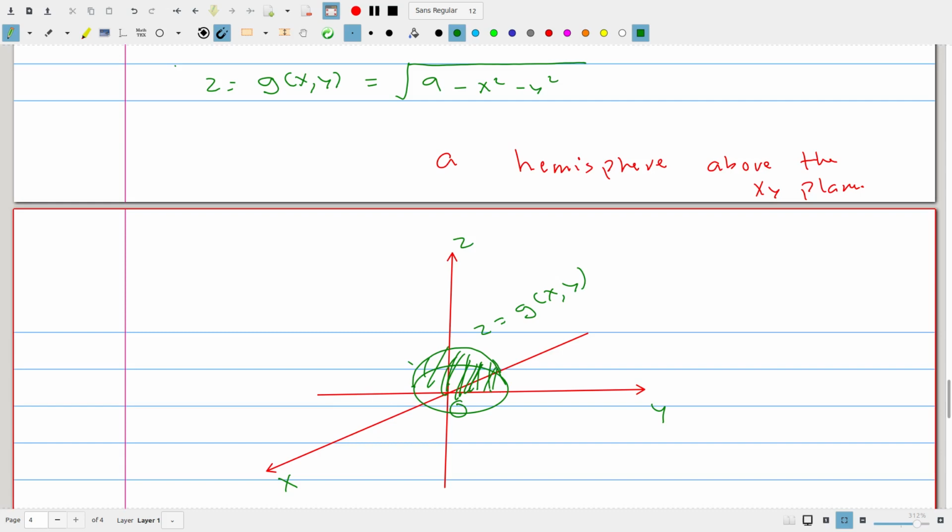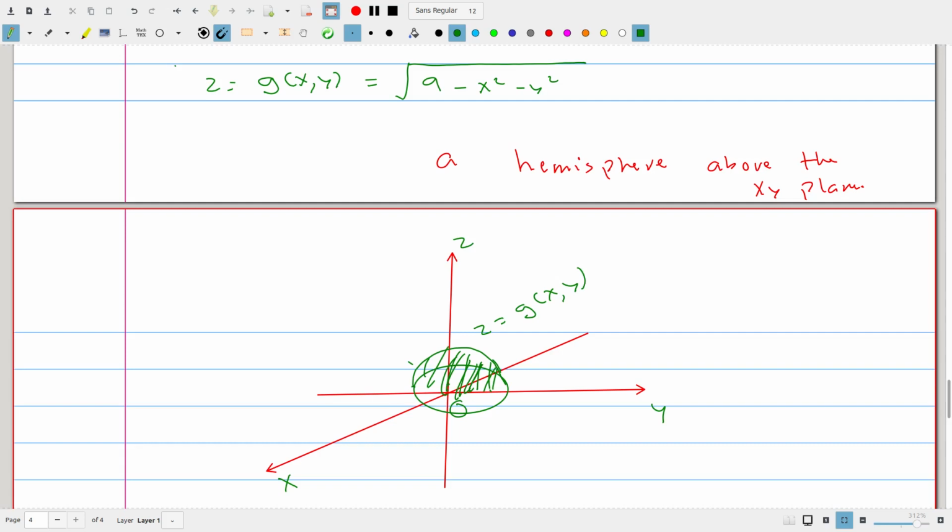Level curves and contour plots I'm going to skip, not because they're not important, but because this is something that you can pick up yourself, and I don't think that we'll need them for the rest of the syllabus. So we'll skip them for now, and go straight to limits of functions.